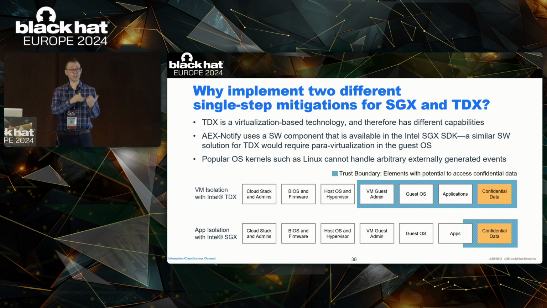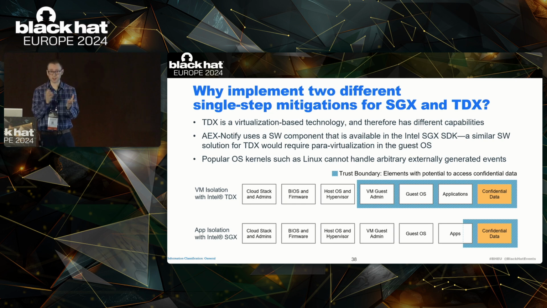You could imagine that loading an SGX enclave is sort of like loading a DLL or a shared object. The application loads it, then calls into it and calls back out of it. It's a part of a process. Whereas TDX is a virtualization-based technology that hosts an entire virtual machine within a TD.